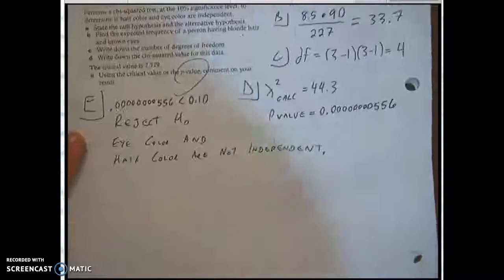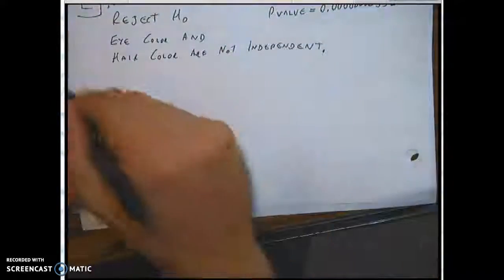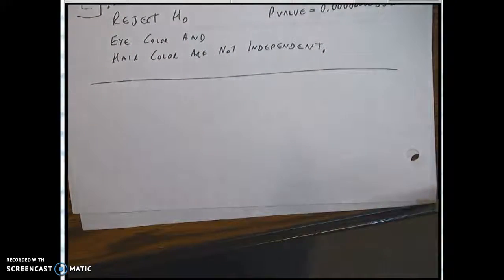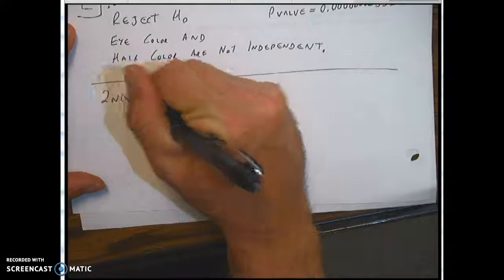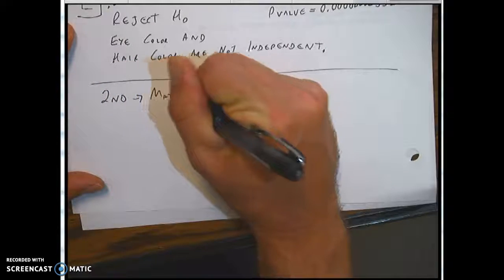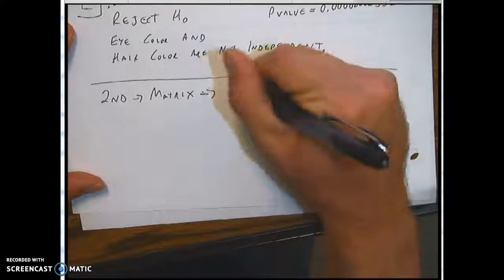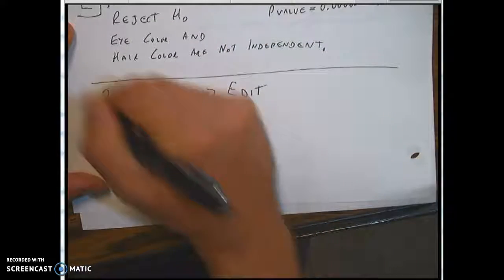So just so you remember, I'll write down all the instructions for the calculator. When you want to type in the data, you want to do second matrix and edit. That's step 1.